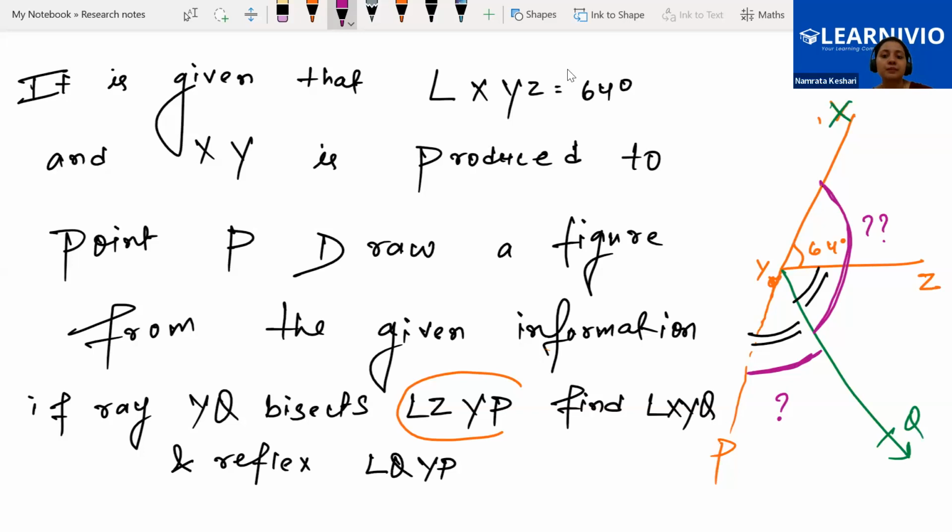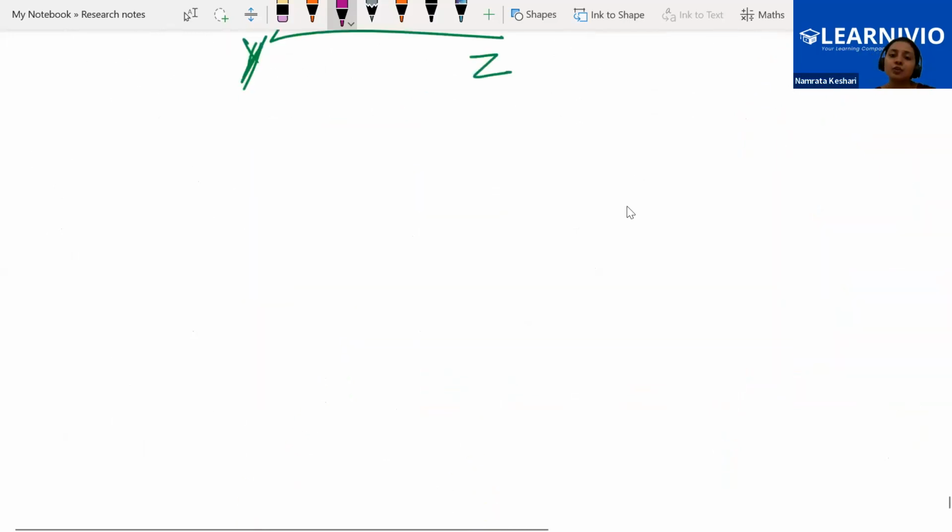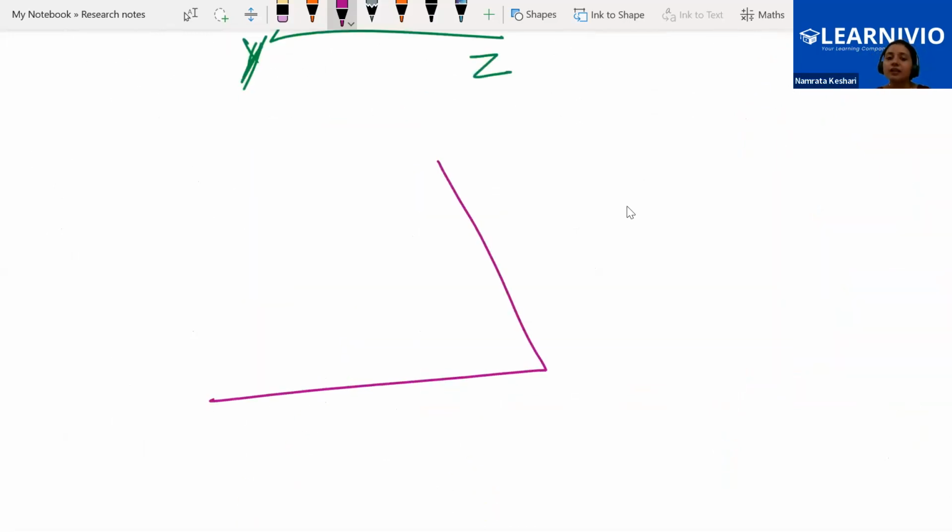Excuse me, ma'am. Ma'am, can we take the ray P or Q upwards also? Yeah, anyway, we can draw the figure. Suppose I have started drawing the angle like this, then also it will be correct. Figure can be like this, I have drawn. We can tilt it. We can make it like this. Anyway, we can just revolve the figure.